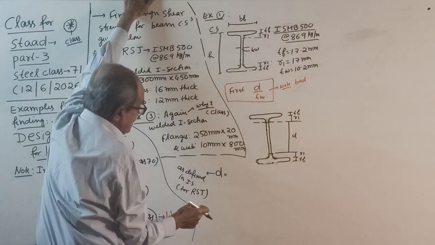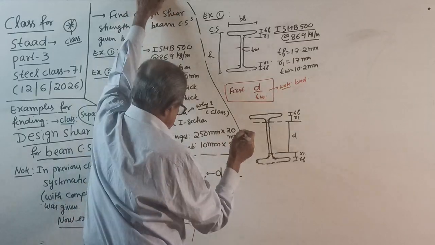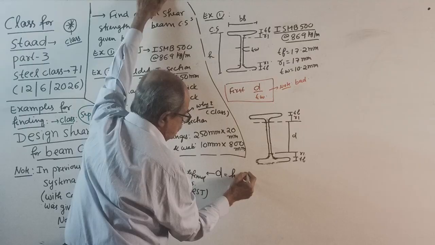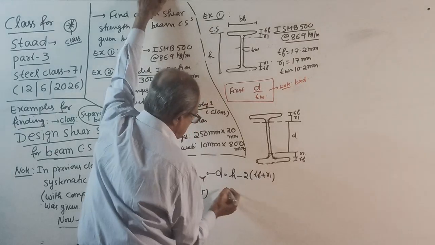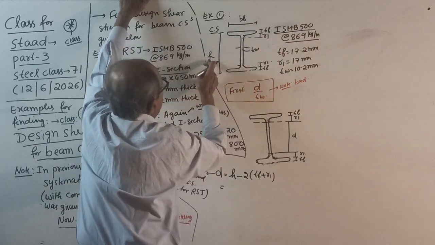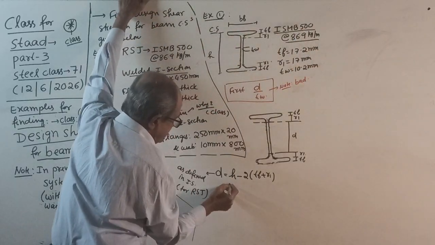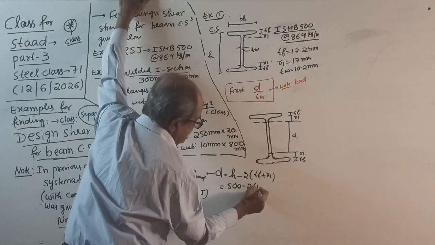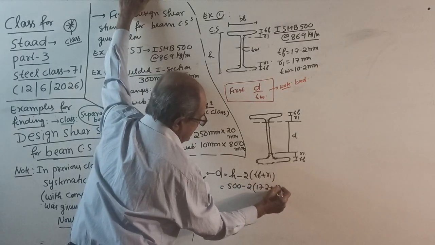So D equals overall depth H minus 2 times the thickness of flange plus R1. The overall depth is 500, because ISMB 500 means the depth is 500. You should know it. So 500 minus 2 into (17.2 plus 7.0).